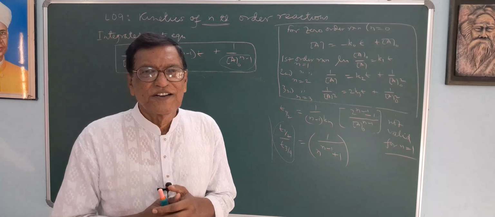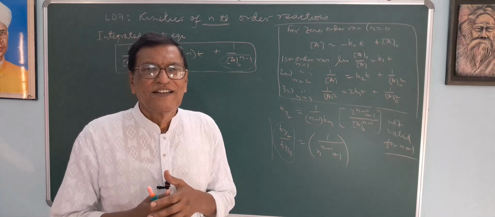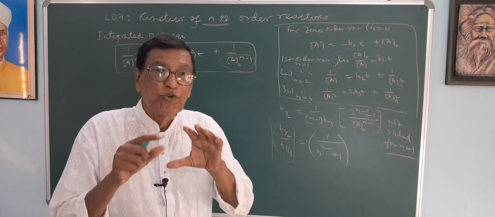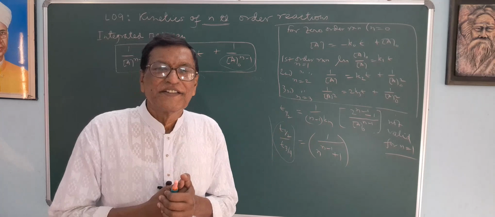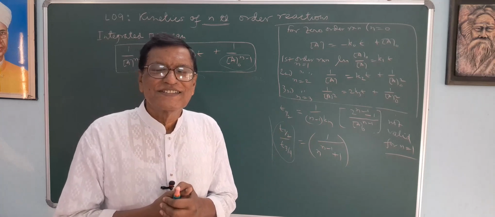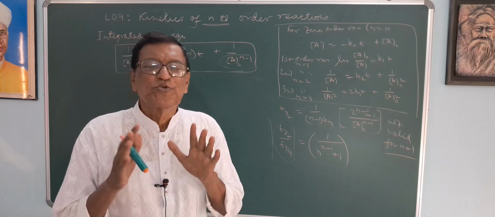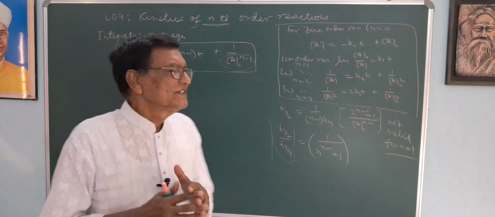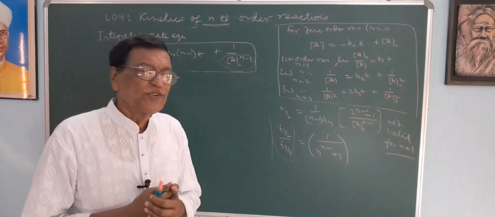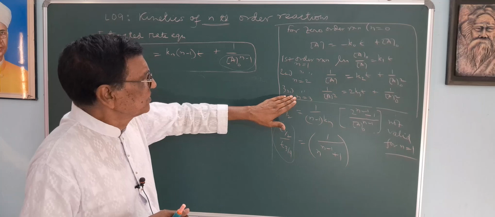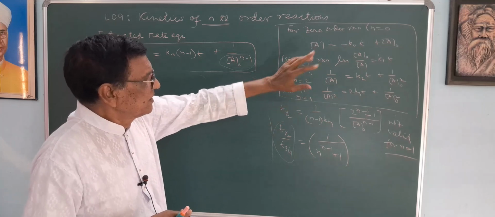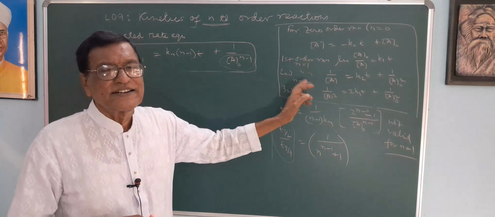Beyond third order means fourth order, which would require four body collisions for the chemical reaction, but four body collisions are impossible. So we are limited to third order reactions only, but first order and second order are very common.